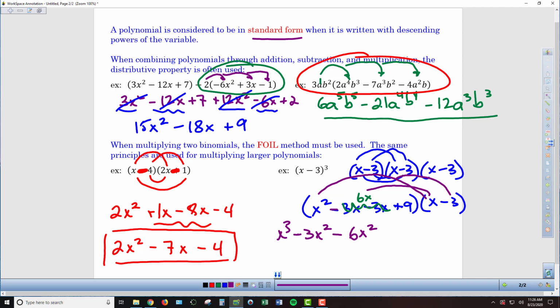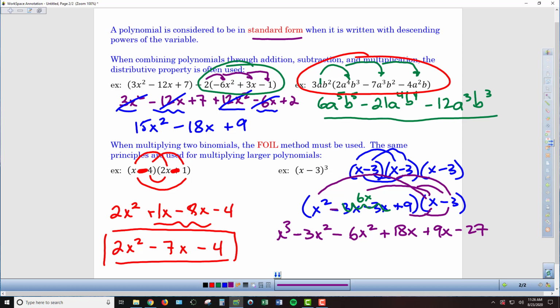And then that negative 6x multiplies the negative 3, so that becomes positive 18x. So I now just have to make sure that 9 multiplies everything in the second set of parentheses. So I've got 9 times x gives me 9x. And then finally, 9 times negative 3 gives me negative 27.